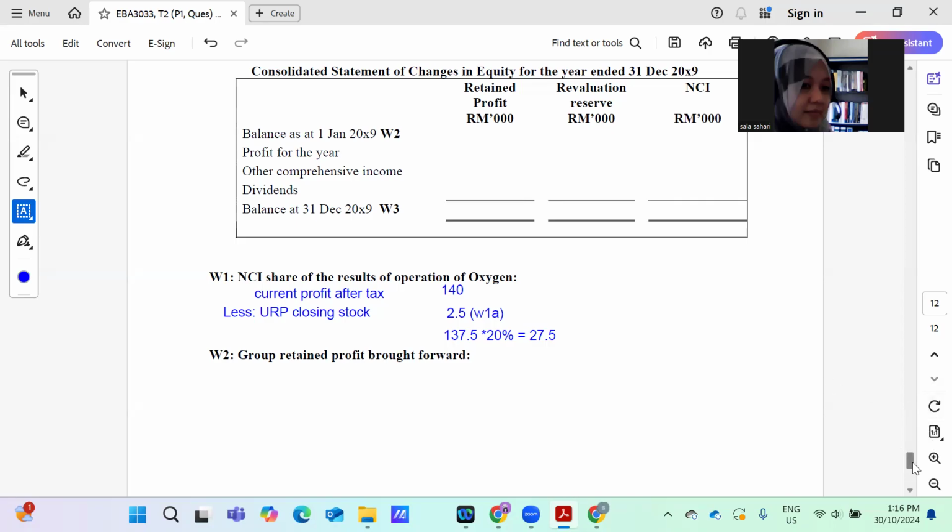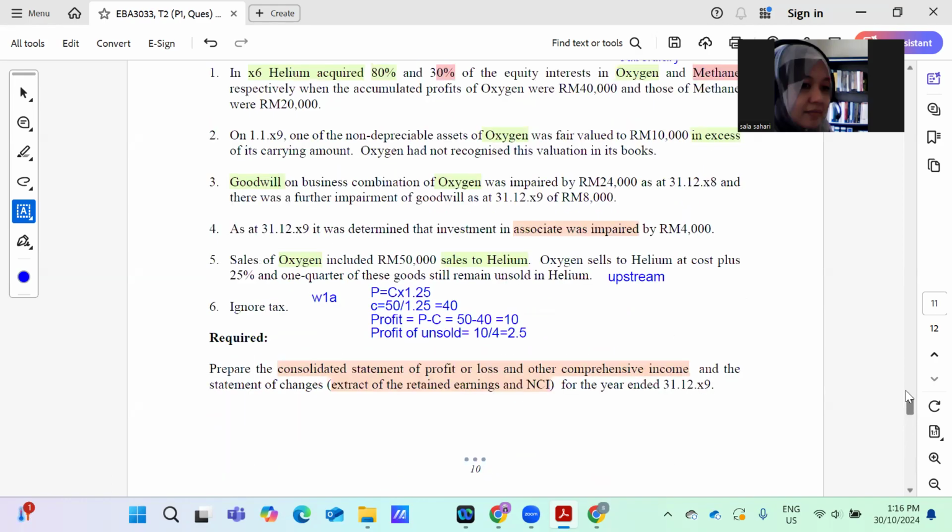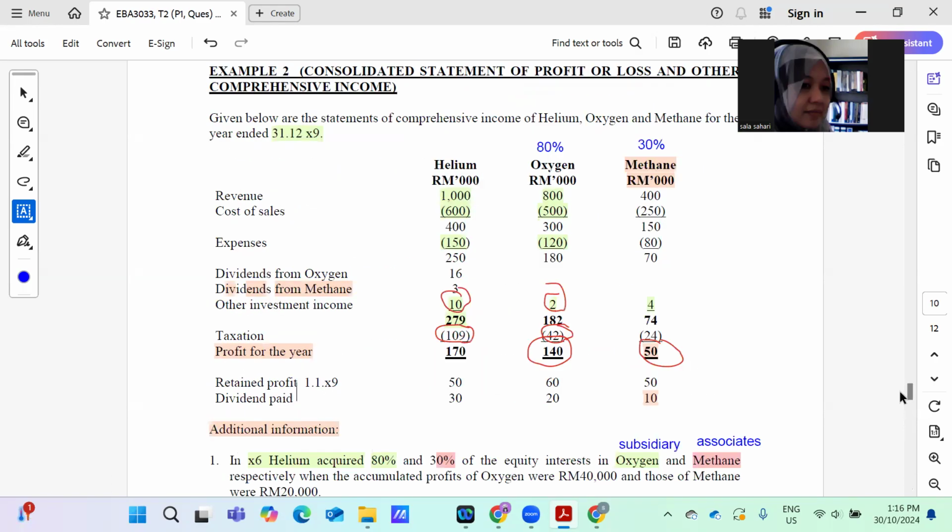So let's see first. I just put H for helium balance. So let's see from the question. Retained profit brought forward, we're looking on.